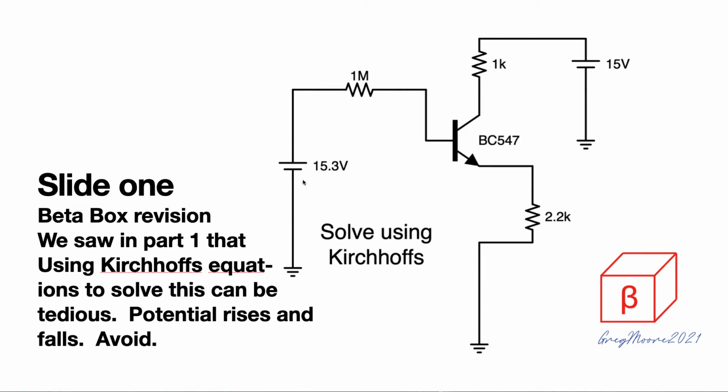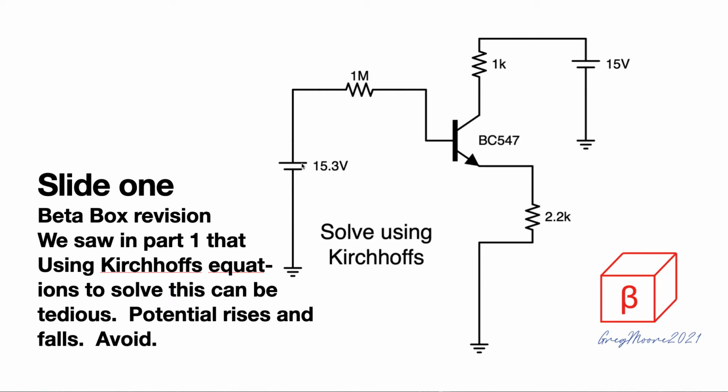You'll recall that in part 1 we saw this same circuit, 2.2K in the emitter, 1K collector, 1 megohm in the base, and 2 different supplies. And we were able to avoid using Kirchhoff's equation on it, and we used the beta box instead. Remember, Kirchhoff's equation goes something like this.